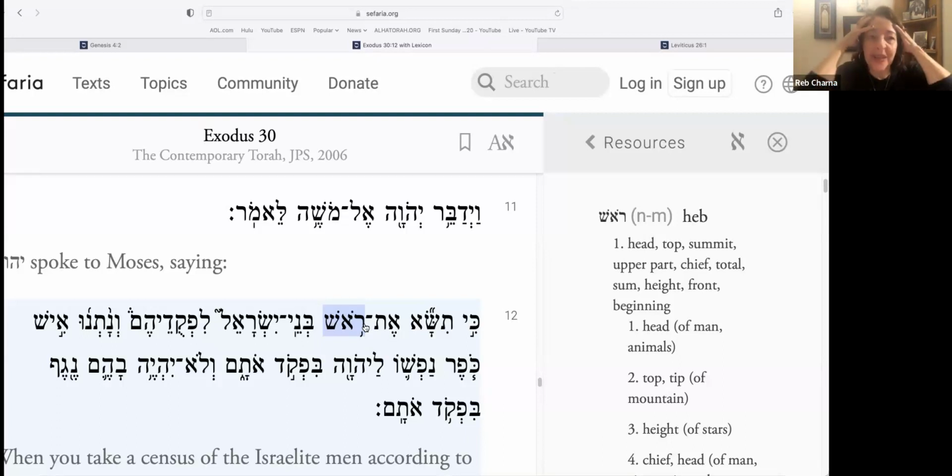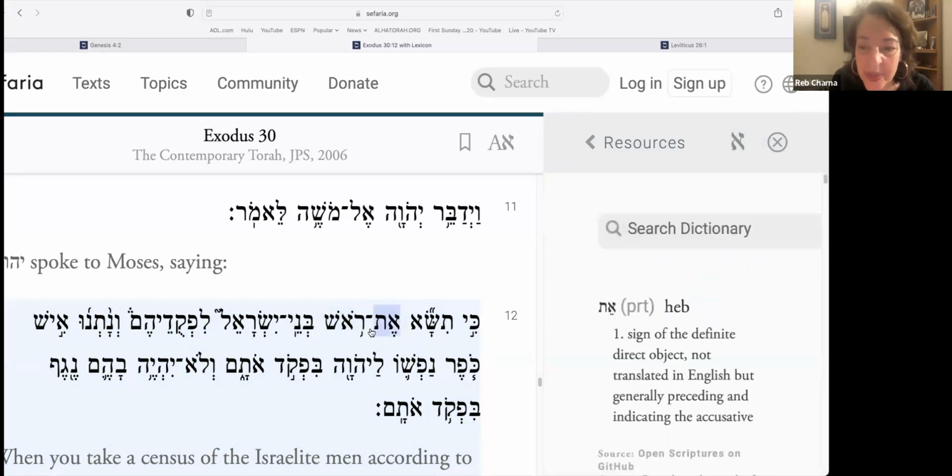It's not specifically the head, but it's something that's at the beginning, or I don't know. Sometimes when I get really poetic, I want to translate this as when you lift up the consciousness. Sometimes I want to look at it because by not being a hey in there, that direct object in this particular way has got to mean something else.